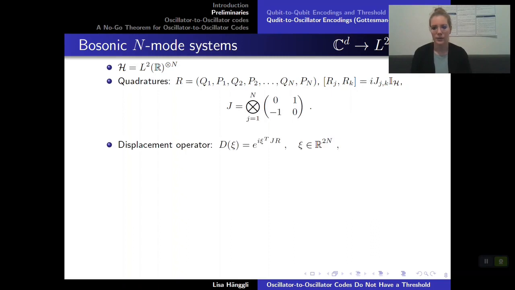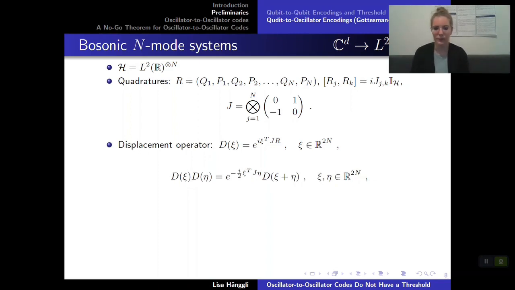And also the displacement operators can be written in terms of this mode vector R and the matrix J. And these displacements translate the mode vector R via conjugation by the amount xi in phase space. And the combination of two such displacements is proportional to a displacement with respect to the sum of the corresponding vectors.